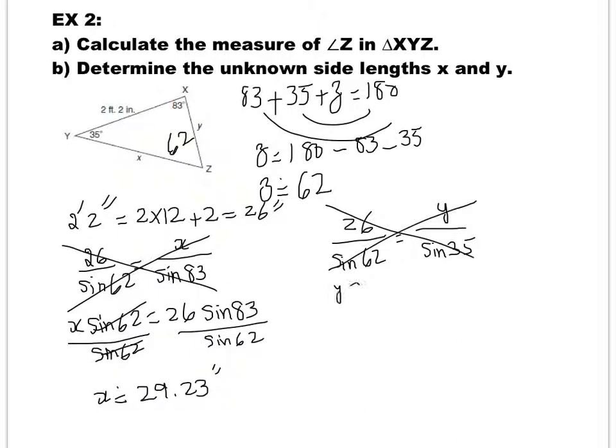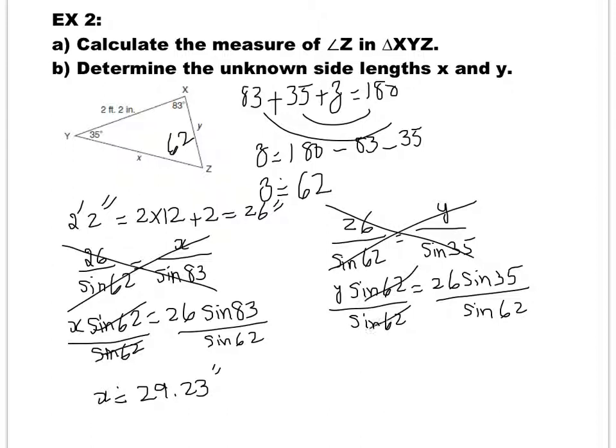I'm going to get y sine 62 is equal to 26 sine 35 divided by sine 62, and I'm going to get y is approximately 16.89 inches.